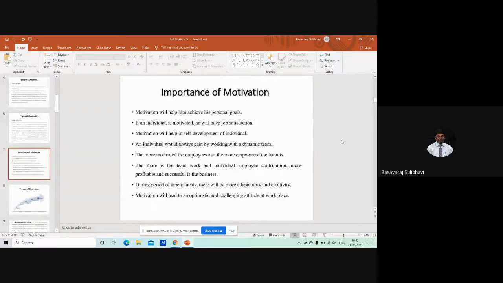So next we have the importance of motivation here. Why so much importance to motivation as a concept? We see it as a strategy also, which is used in the organization for making people work.